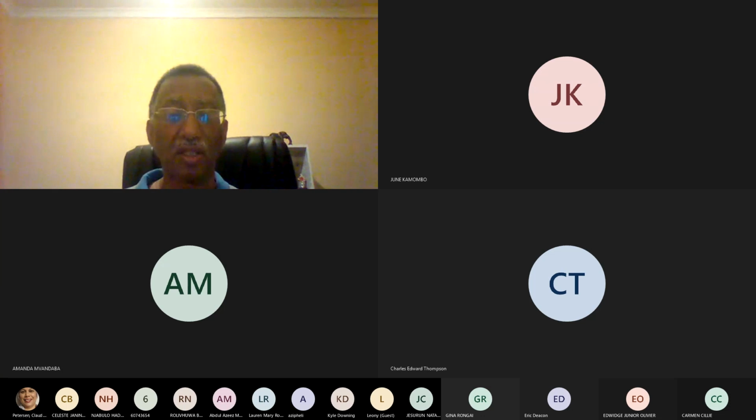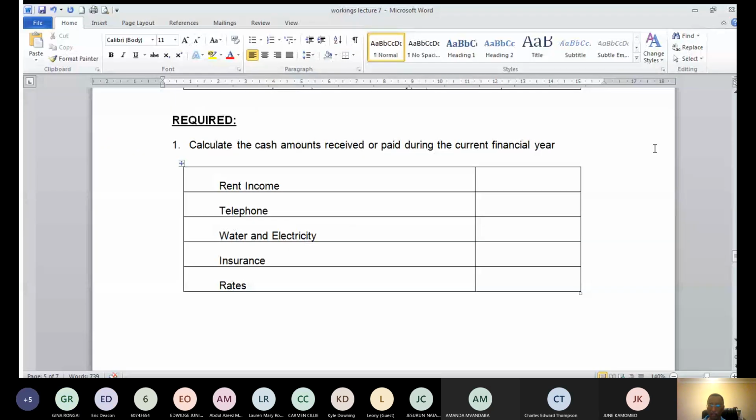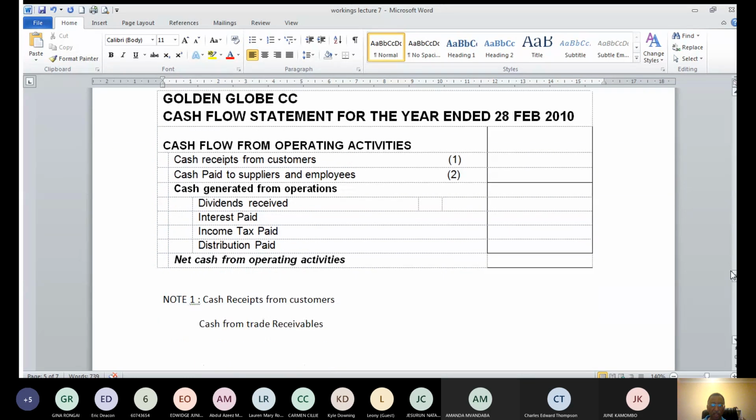Okay, so I'm going to take you through this activity now, and I'm going to do this in the workings. I've got a template there for you that we are going to work with.